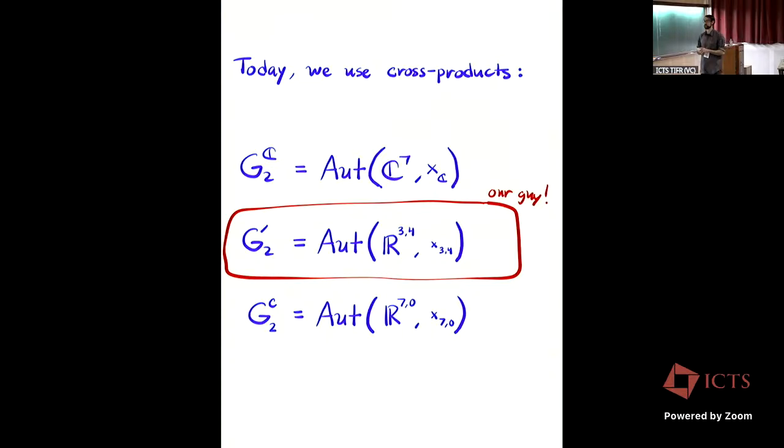So on this R3,4, there's a cross product. That's this map satisfying these axioms, and G2 prime is exactly the group of transformations that preserve the cross product. And the fact that it's pseudo-Euclidean is related to the non-compactness. Whereas for the compact G2, it's a set of transformations preserving the cross product on Euclidean 7-space. And so that's Euclidean. That's why it's related to the compactness.